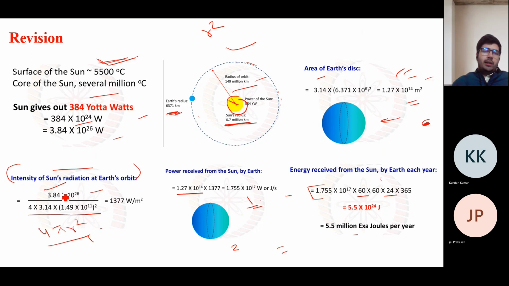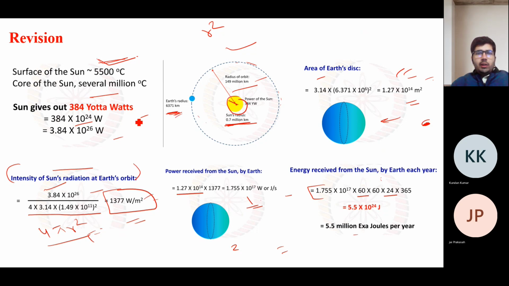You put in the radius of that orbit and find the intensity of the sun's radiation at Earth's orbit, which is 1377 watts per meter squared. Now we have to find out how much of this energy is received on the Earth's surface. So we can find out the area of the Earth.